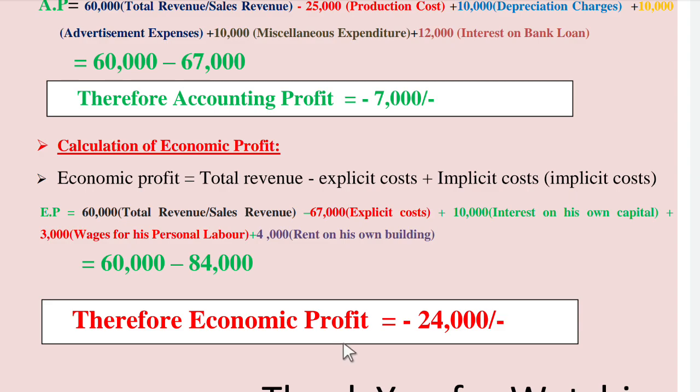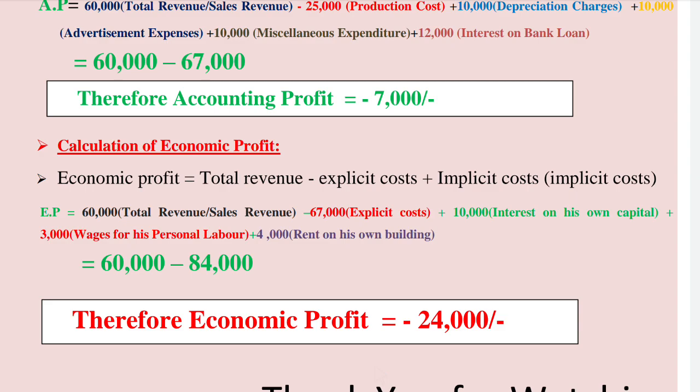For example, a business firm may be making an accounting profit of rupees 20,000 in a certain year, but the cost of self-owned factors was not considered. Listen carefully.